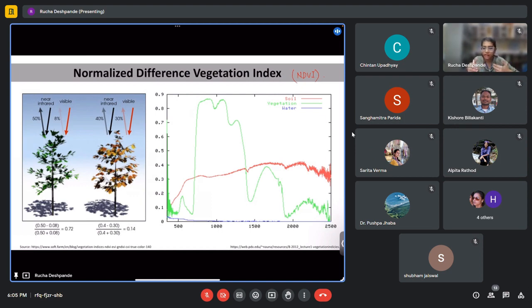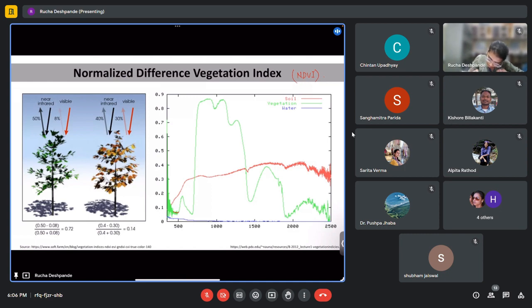So we'll look at it through the spectral reflectance curve first, and then we'll try to understand. This green curve shows the spectral reflectance feature of vegetation.